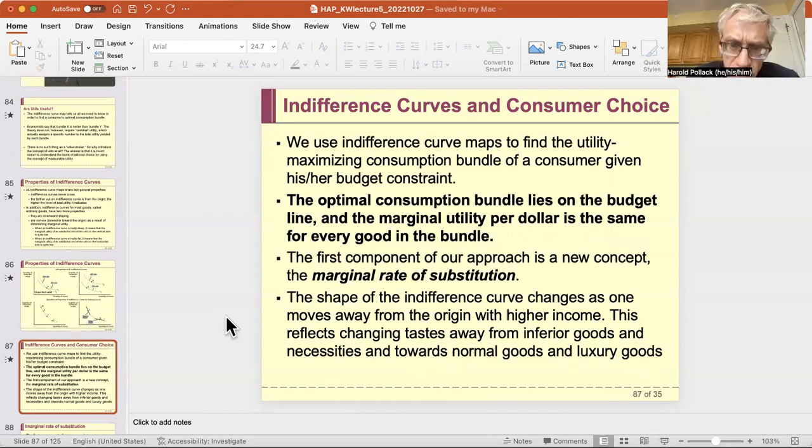So that marginal rate of substitution, that slope of that indifference curve, is really important. And I should say the slope of that indifference curve can change as we move away from the origin. And in particular, with necessities and luxuries, we see that matters. There are certain things that we really are willing to spend a lot of money on when we're rich, that we're not really willing to spend a lot of money on when we're poor.